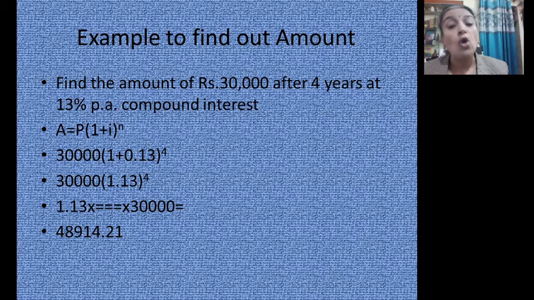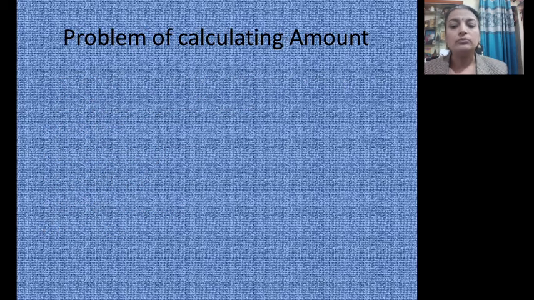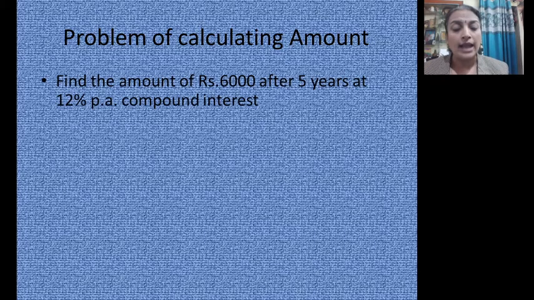Let us solve one more to understand it in a better way. That is also for calculating the amount. Here is the problem. Find the amount of rupees 6,000 after 5 years at 12% per annum compound interest. So once again I am writing the formula first.